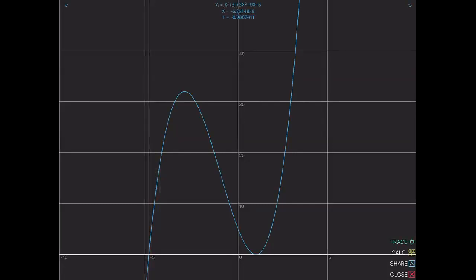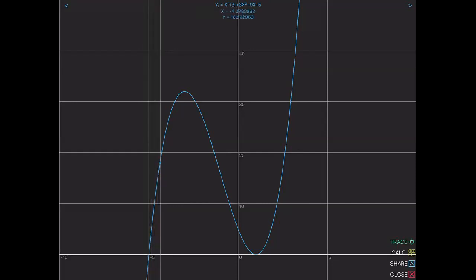All right, so notice, our function is increasing until it reaches a relative maximum point here at (-3, 32), then starts to decrease until it reaches a low point here at (1, 0), and then starts to increase from there on out. And then look at the curvature of this function.